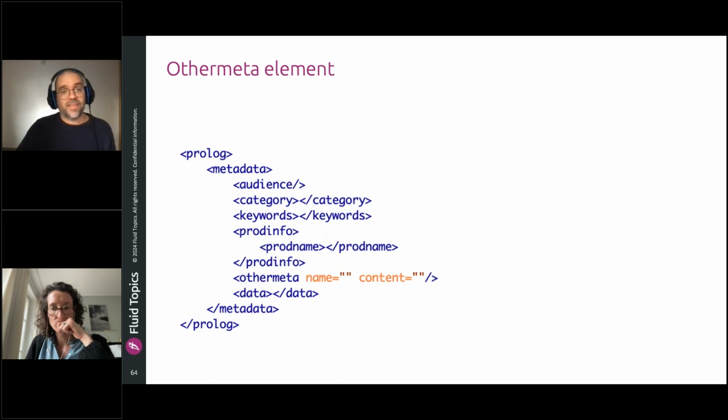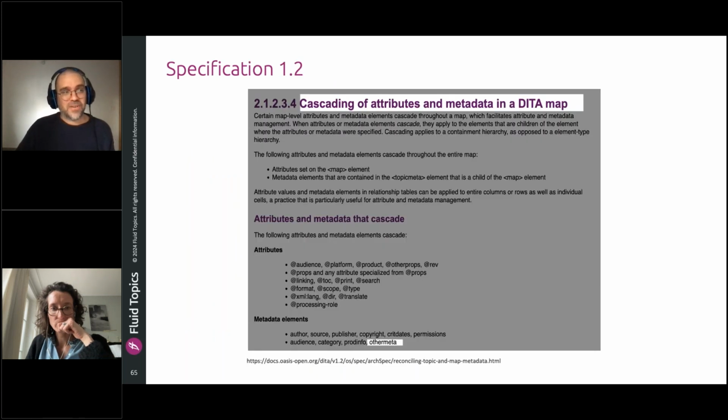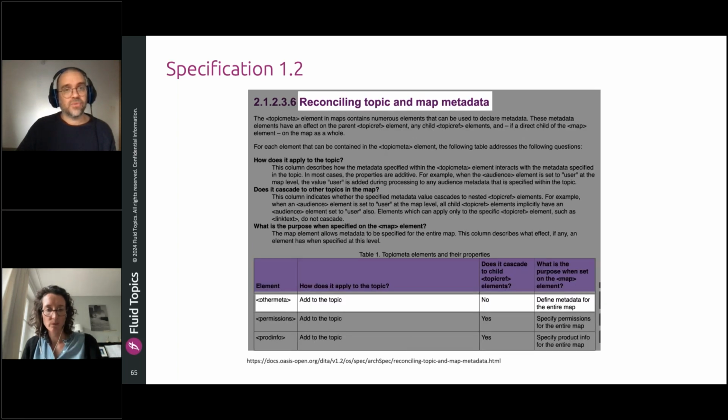But in the DITA 1.2 specification, regarding the cascading of metadata with other meta, apparently we had contradictory information. It was supposed to cascade, and on another page it was indicated that no, it didn't cascade anymore.